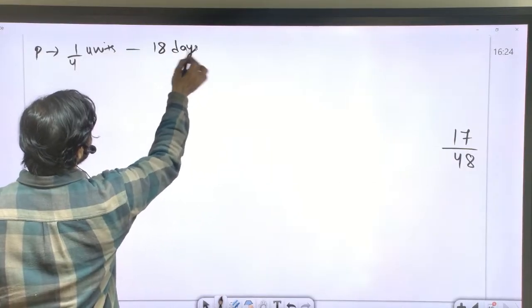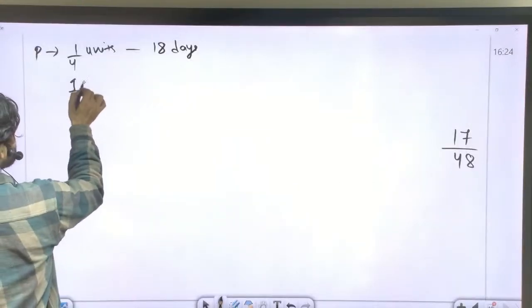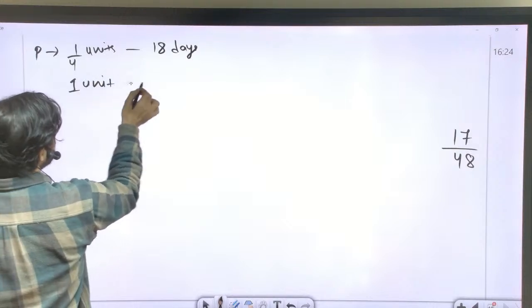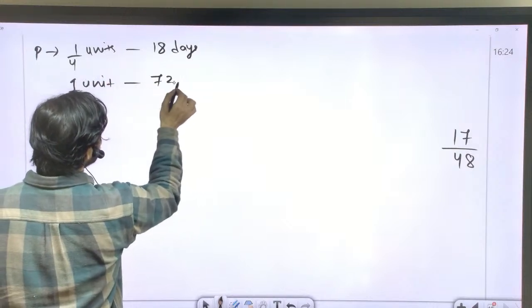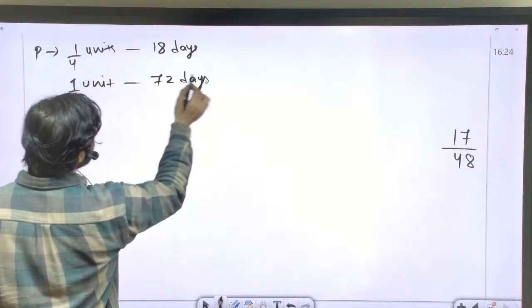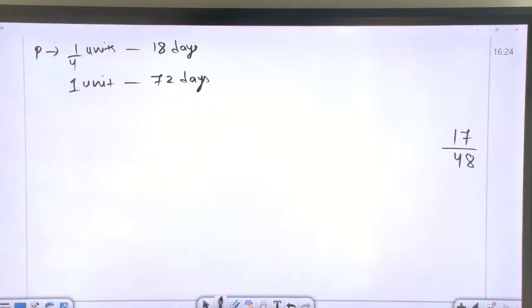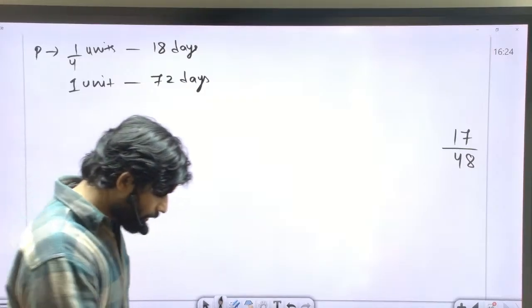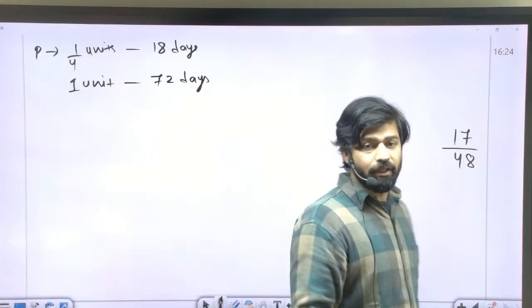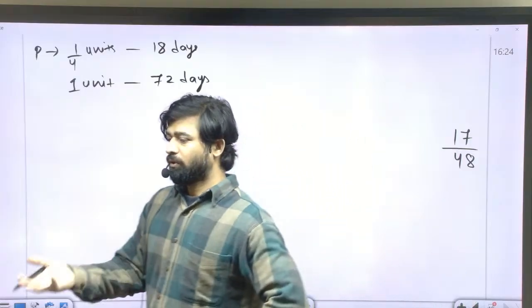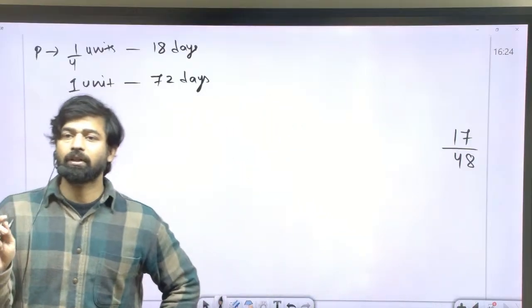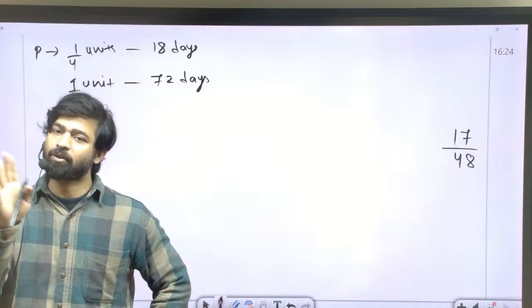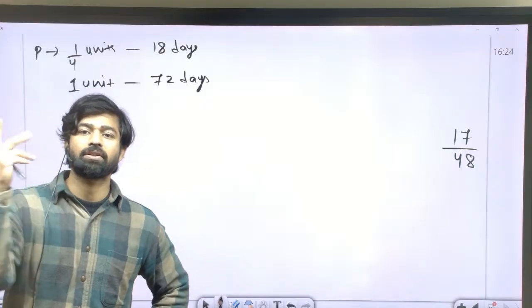So from here we can find out the total capacity. 18 into 4, that is 72 days. So we can say that P does the work in 72 days. And the other information is that P completed 37.5% of the work, and the rest of the work was done by whom?